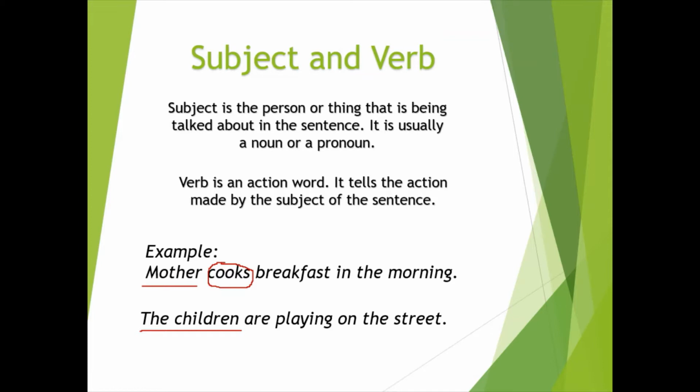And what are the children doing on the street? They are playing. So playing is the action word. It tells what the children do on the street. Playing is the action word or verb in the sentence.